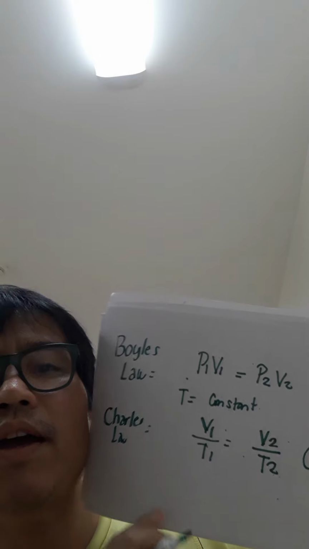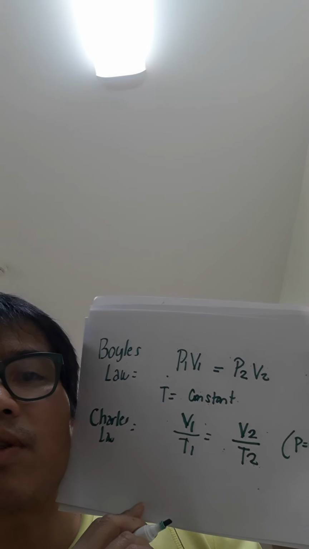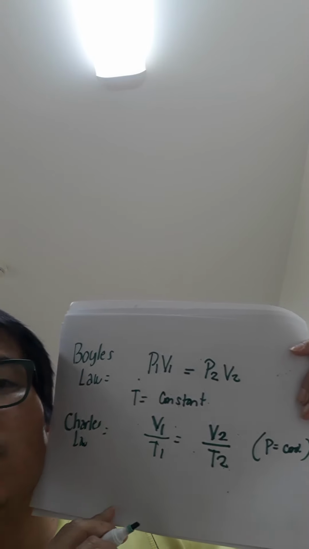For Charles' law, we have volume 1 divided by T1 is equal to V2 divided by T2, so pressure is the constant.